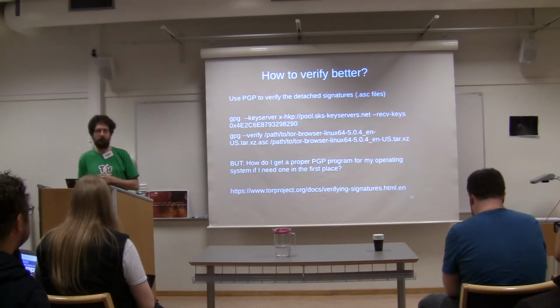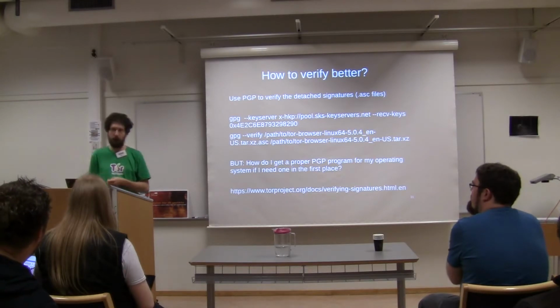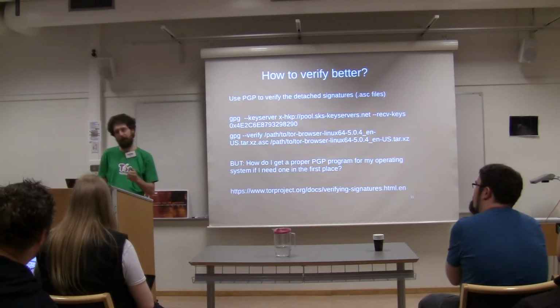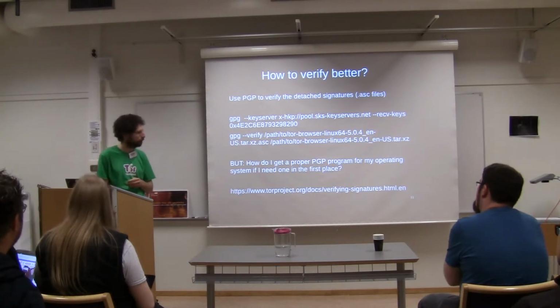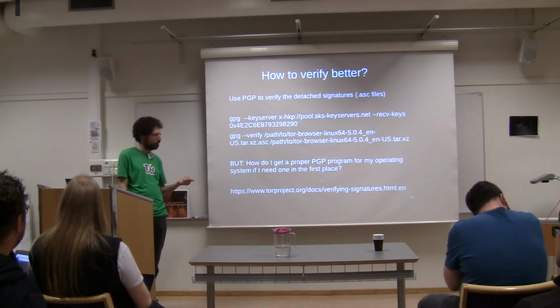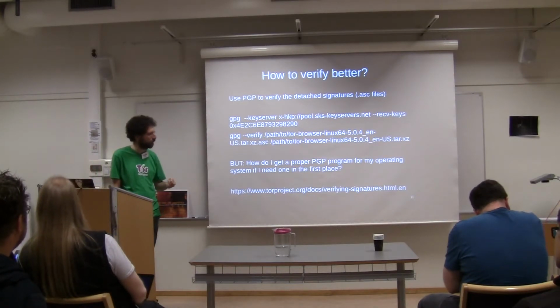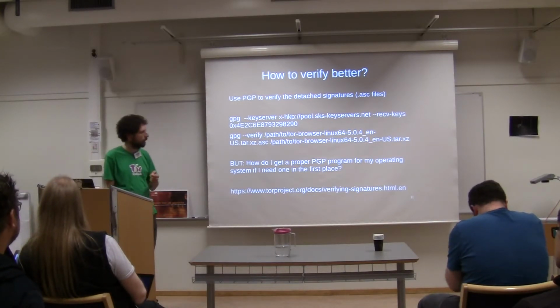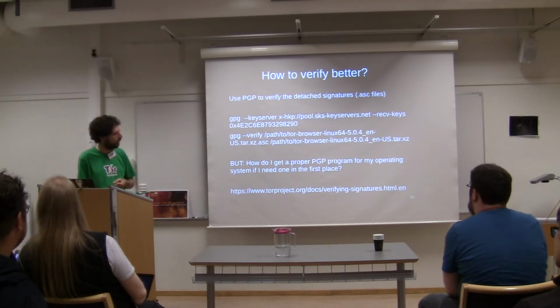We have, since a while, reproducible builds, meaning you can build the Tor browser yourself, and you're guaranteed that you're getting a bit for bit identical Tor browser. This means of verification is even superior to this one because there's no single point of failure anymore, like people trying to steal the private signing key.